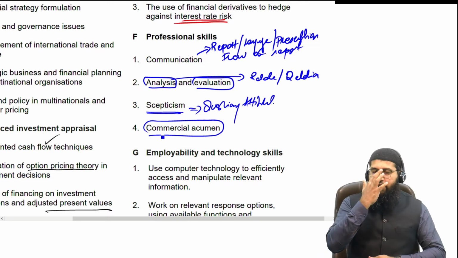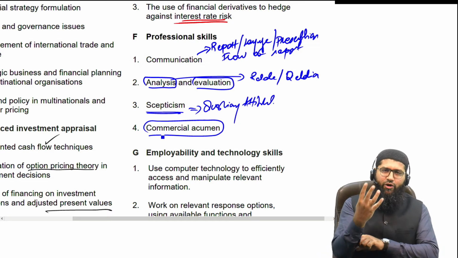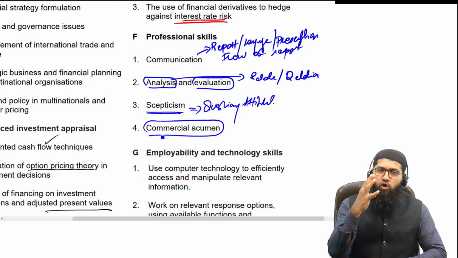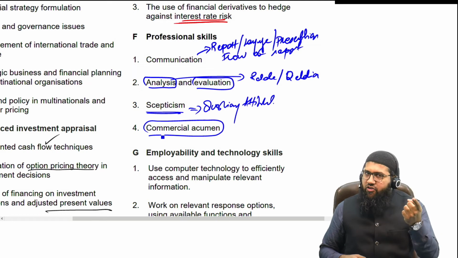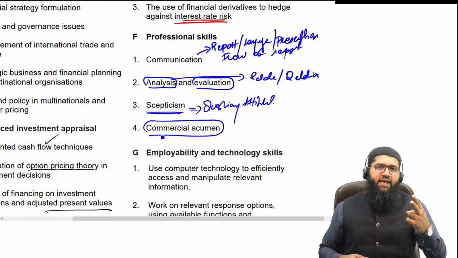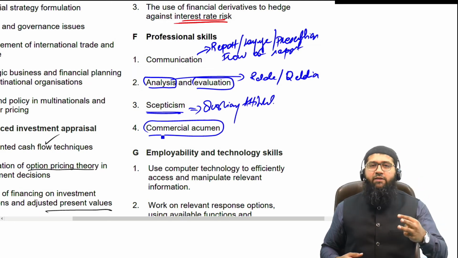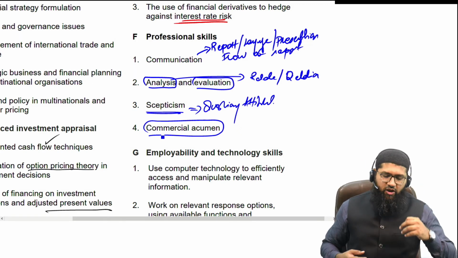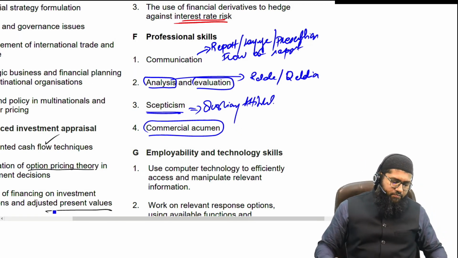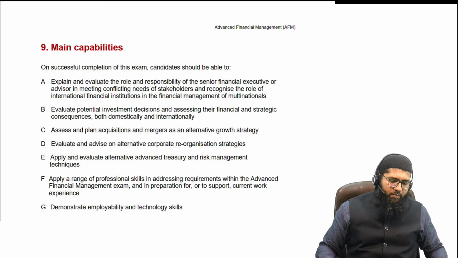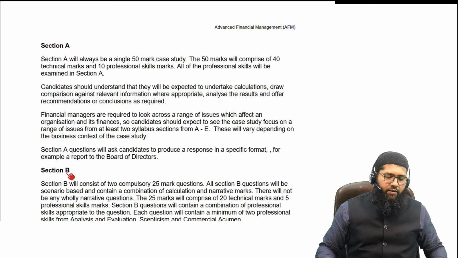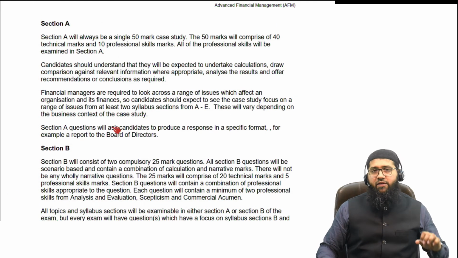So when we talk about the paper, the examiner has given a 20% weightage to these four professional skills and you've got to be demonstrating them: the communication skills, the analysis and evaluation skills, the skepticism, and then the commercial acumen. Now, when it comes to the examination of the paper, whether that be the AFM paper, the APM, or the AAA paper, the paper is going to be examined like this.